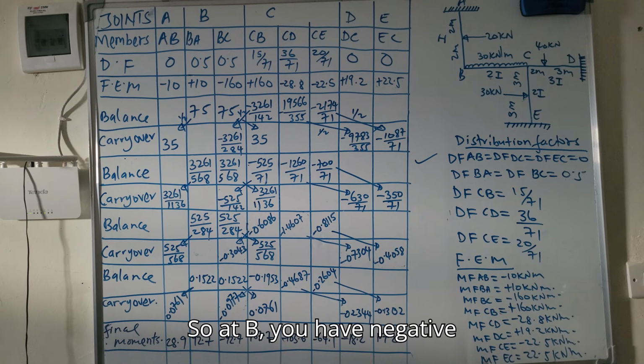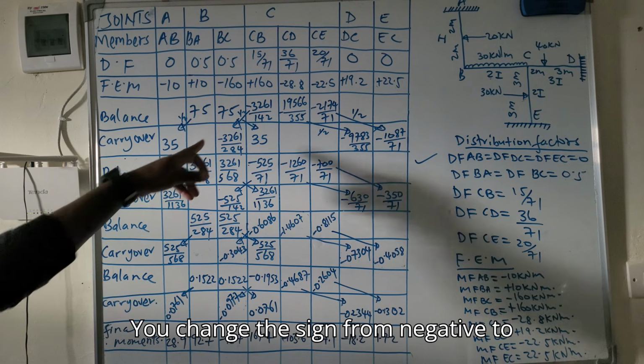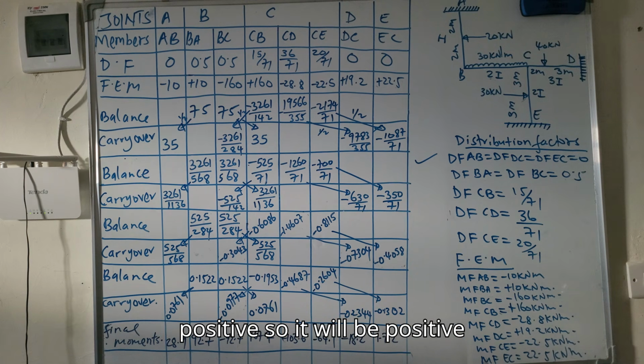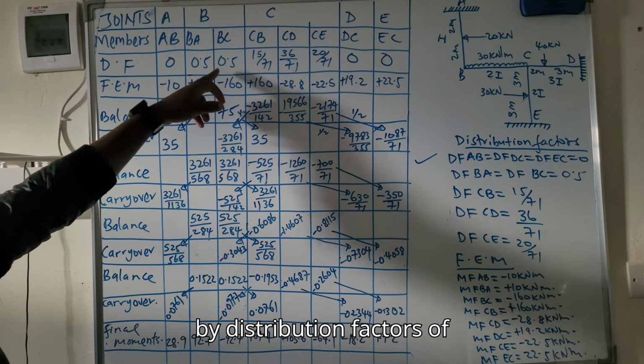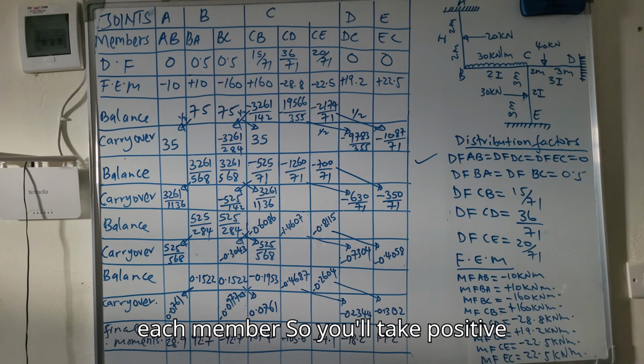So at B, you have negative 3261 over 284. You change the sign from negative to positive. So it will be positive 3261 over 284 and multiply it by distribution factors of each member.